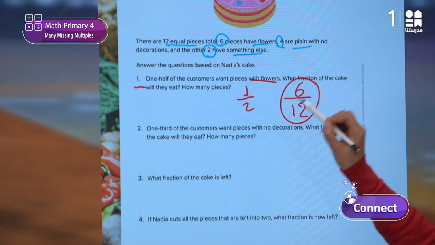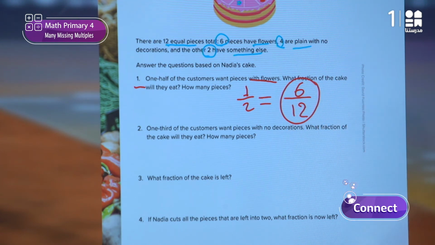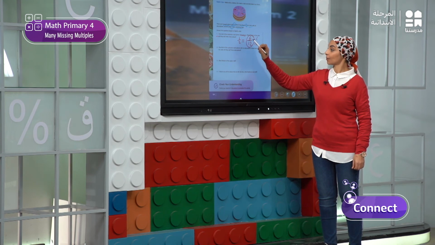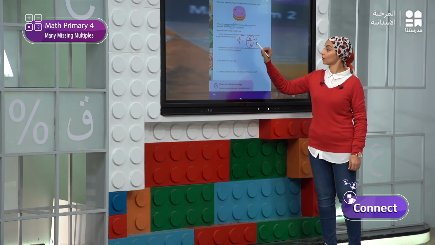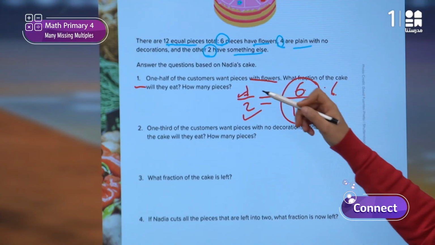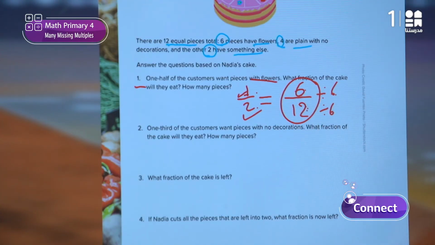So 6 over 12 is an equivalent fraction to half. What did we do? We divide the numerator and denominator by 6, right? Because 12 is a multiple of 6. If I divide by 6 up and down, 6 divided by 6 equals 1 and 12 divided by 6 equals 2, and that's why 6 over 12 is equivalent to 1/2.